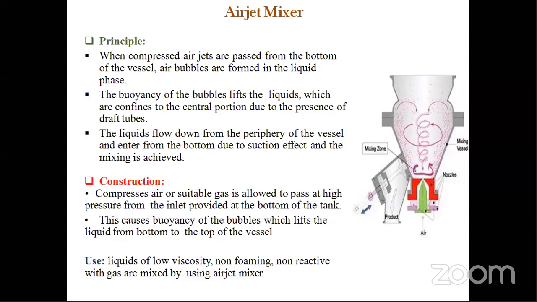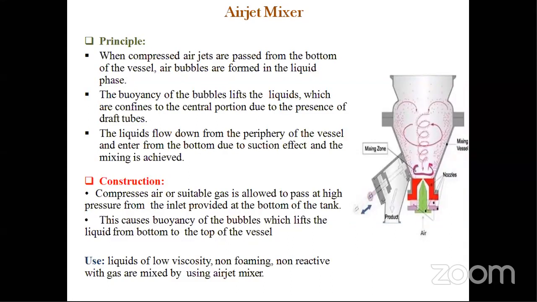This compressed air portion is attached at the bottom of the mixing vessel. This mixing vessel is a stainless steel tank, and the bottom of this stainless steel tank is attached with the compressed air jet portion.